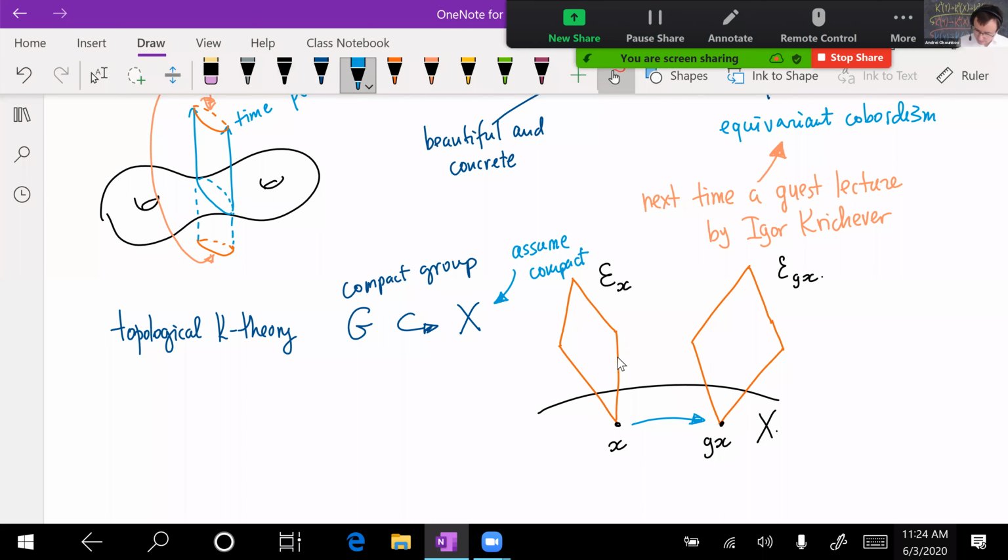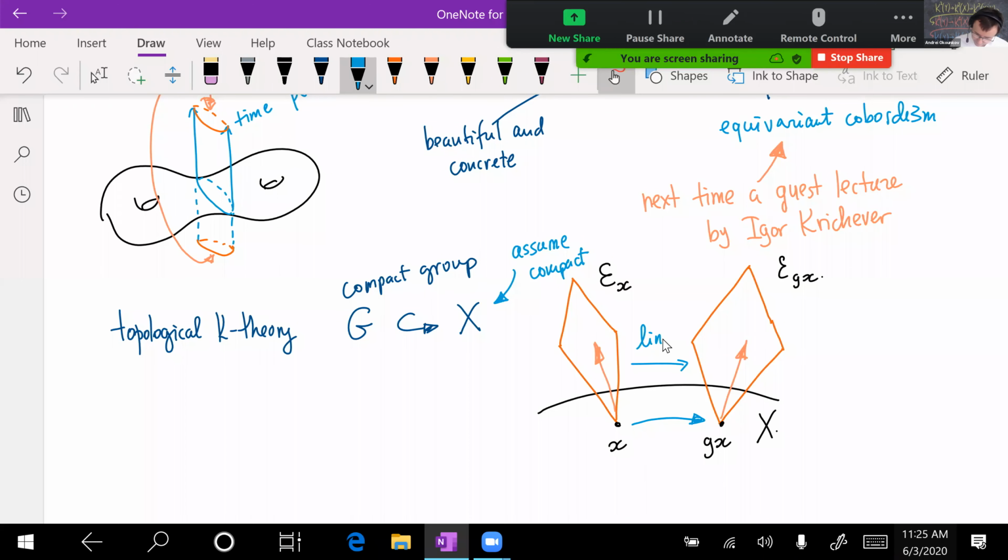And then it's required that the group also acts on vectors. So if I have a vector in here, that's taken by the action of my group to another vector there. And this is a linear map.